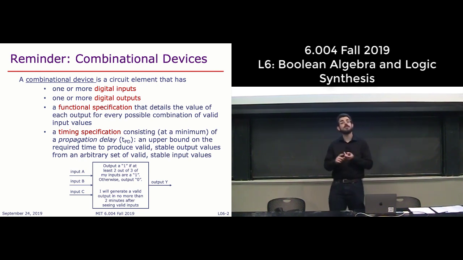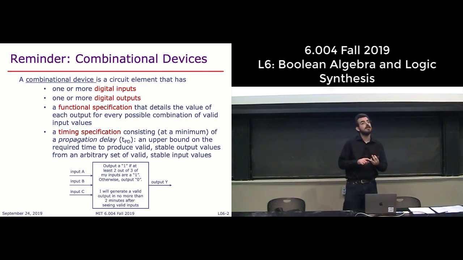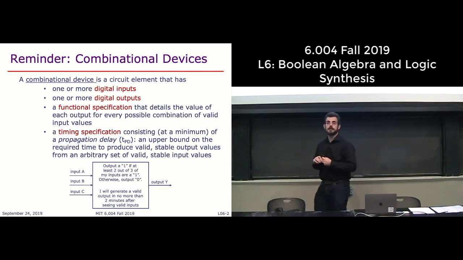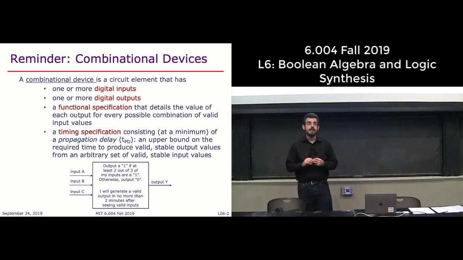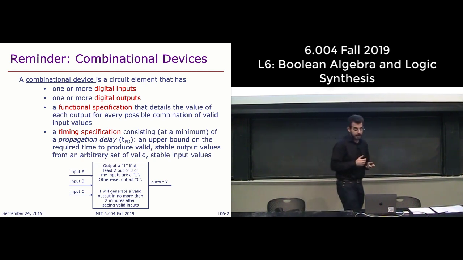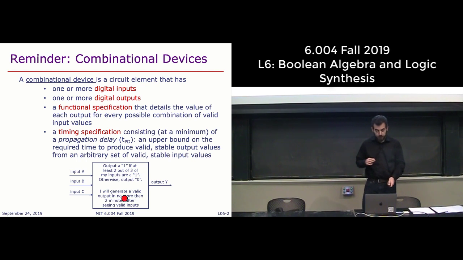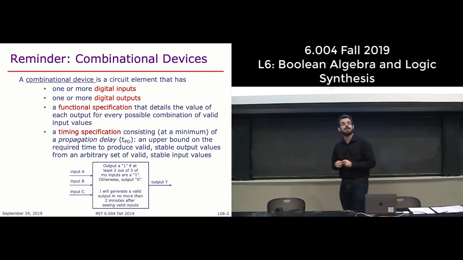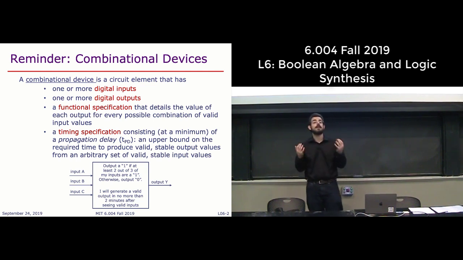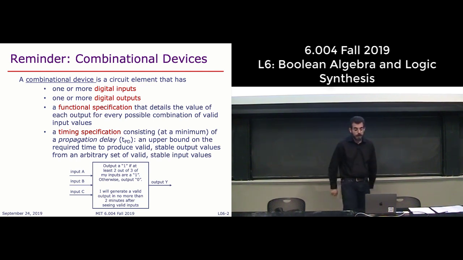It has digital inputs, it has digital outputs, it has a functional specification. And remember that the key characteristic of a combinational device is that it has no memory. That is, each of these outputs is a function exclusively of a combination of the inputs. It's a function of the inputs only.